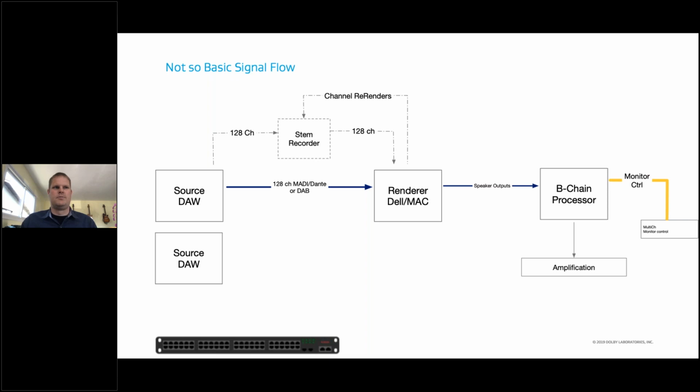So the not so basic signal flow is when you add secondary systems. So you might have another DAW, and that might not be Pro Tools or Nuendo or anything like that. It might be Logic Pro sending panning data via the music panner from Logic.